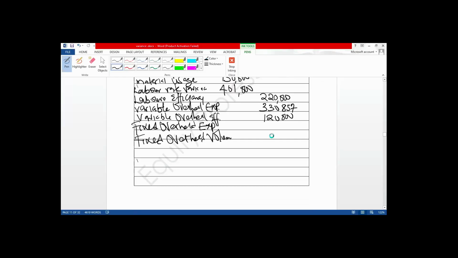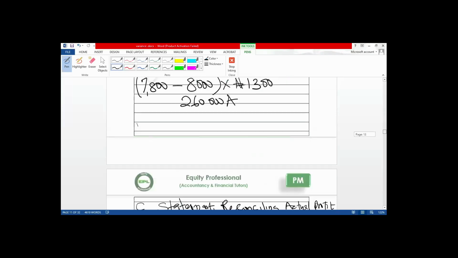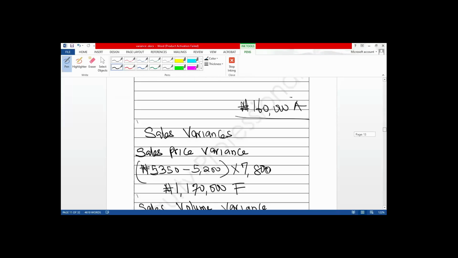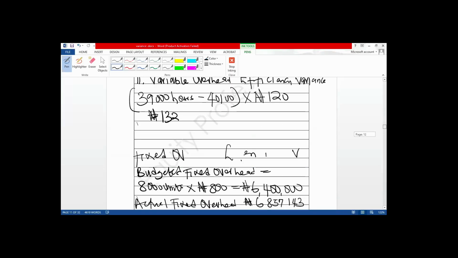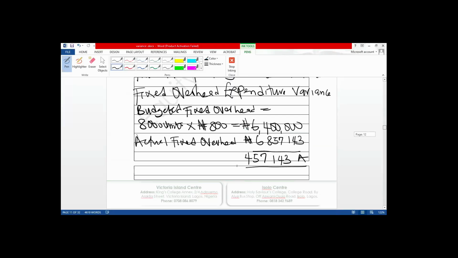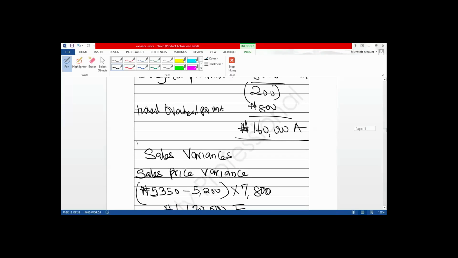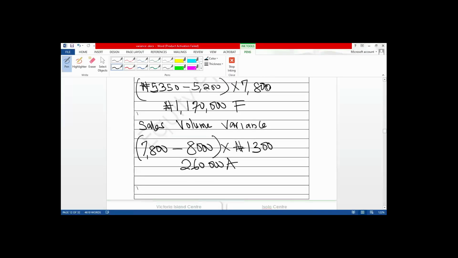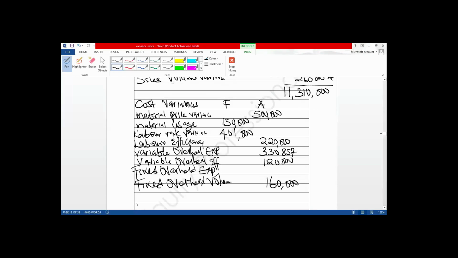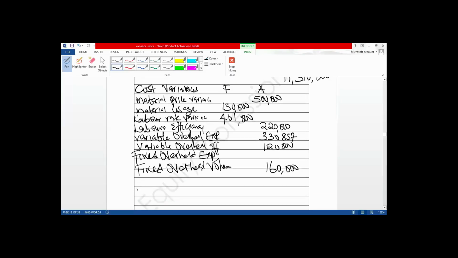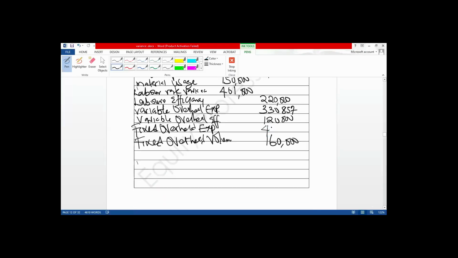This is 160,000 adverse. Fixed overhead expenditure, 457,143.